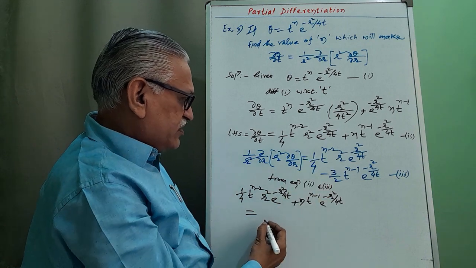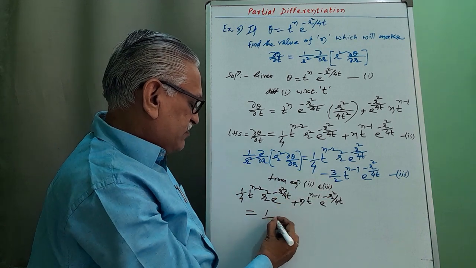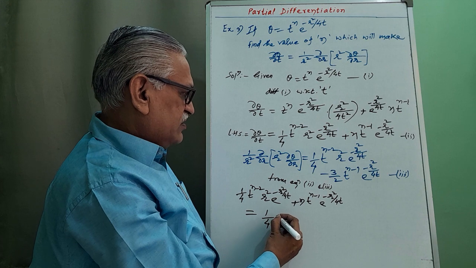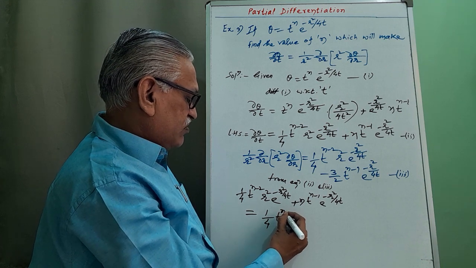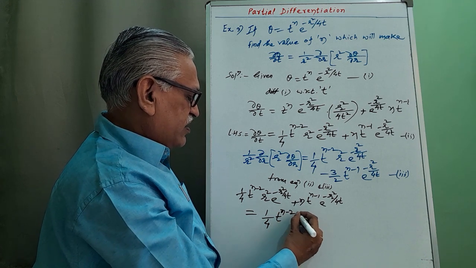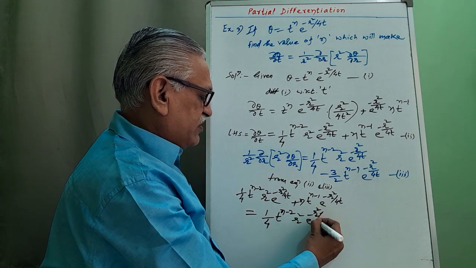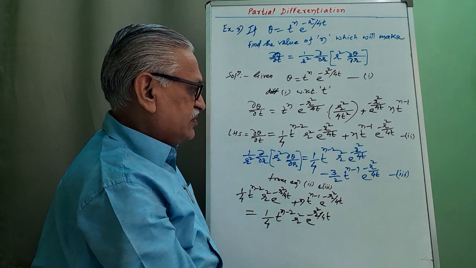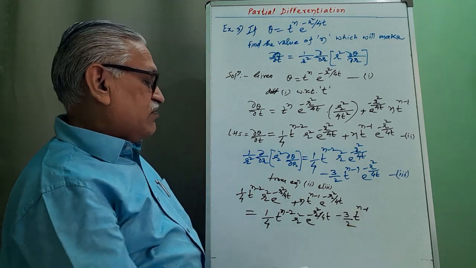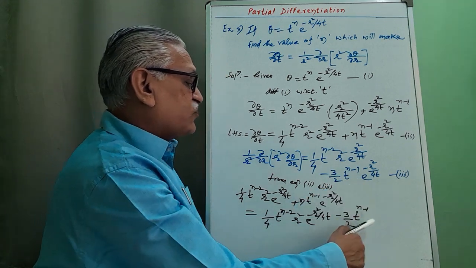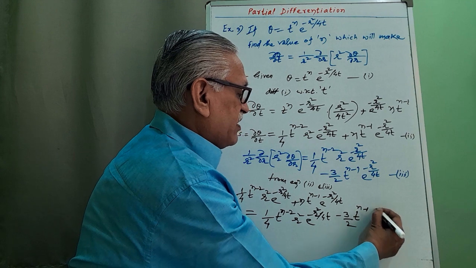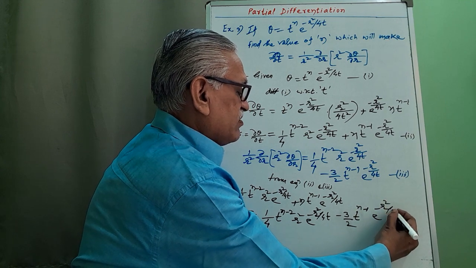That equation 3 is 1 by 4 times t raised to n minus 2 r square e raised to minus r square by 4t minus 3 by 2 t raised to n minus 1 multiplied by e raised to minus r square by 4t.